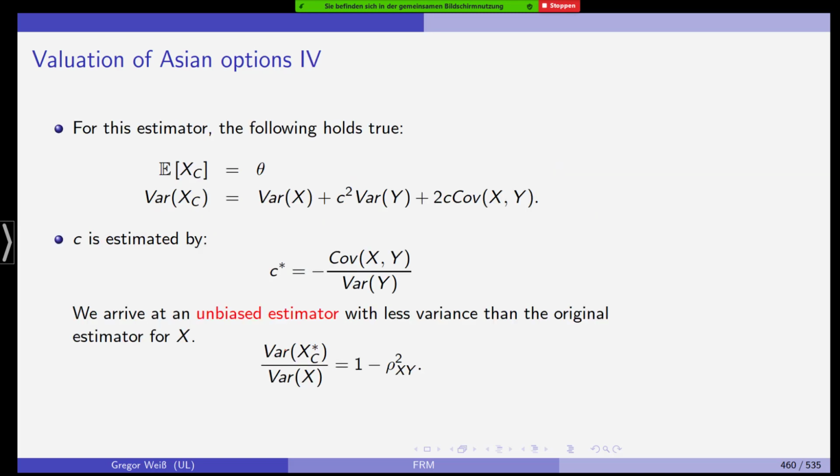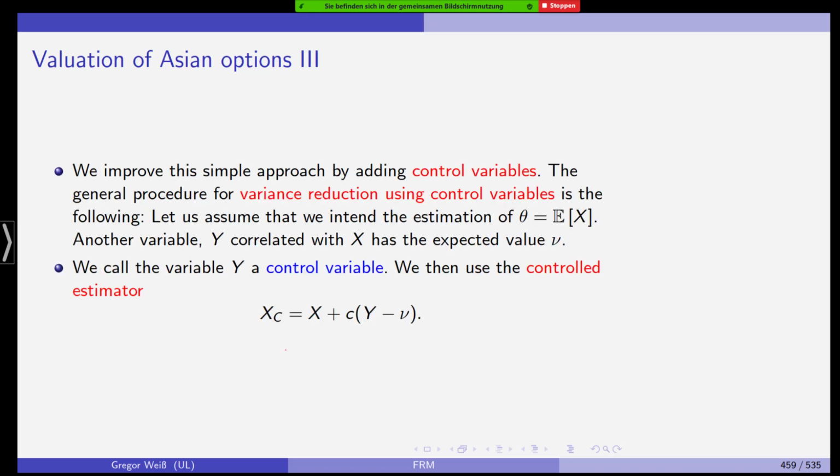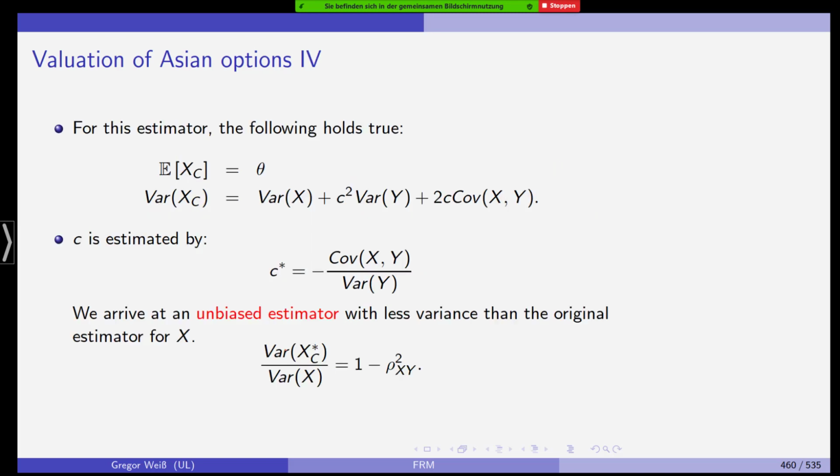Very interesting to see that the expected value of Xc is again theta. So if we calculate the expected value of Xc, we again get the parameter theta that we are trying to estimate. But the variance of Xc is given by the variance of X plus c squared times the variance of Y plus 2 times c times the covariance between X and Y.